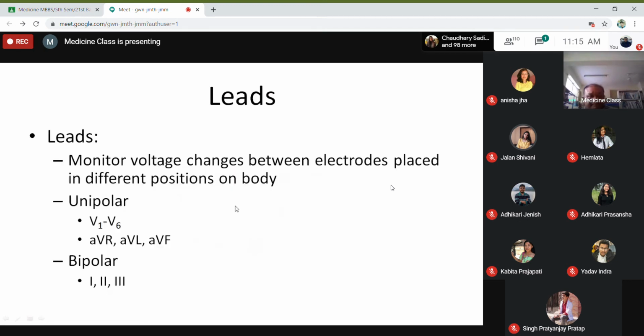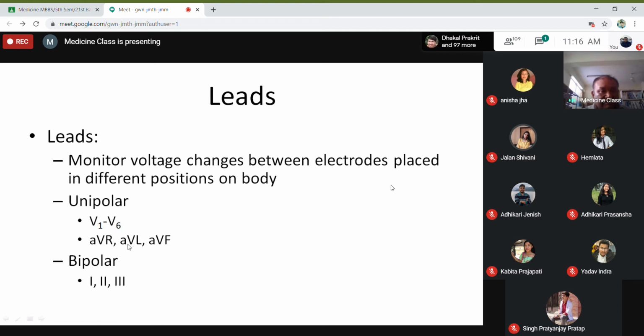We talked about leads as well, but if you want to define it, it's monitoring the voltage changes between electrodes placed in different positions on the body. We talked about unipolar limb leads, AVR, AVL, and AVF. And V1 to V6 are chest leads. The bipolar leads are lead 1, lead 2, and lead 3.